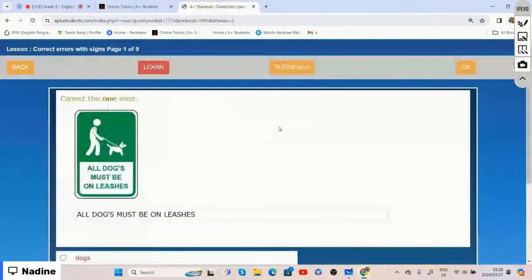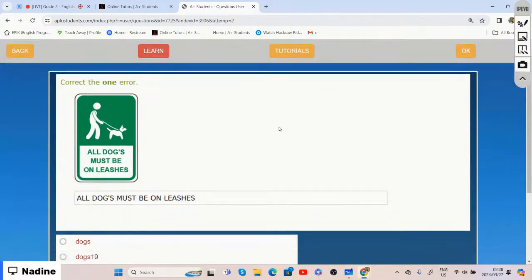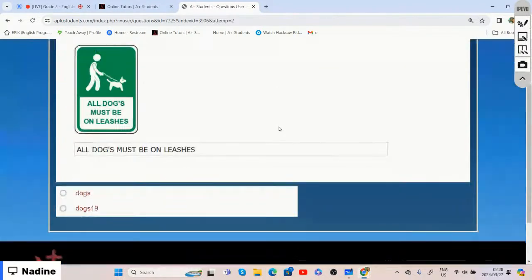So now we're going to our test, right? And we are now going to correct the one error in that poster. It says all dogs must be on leashes. So all dogs must be on leashes. We need to select or say what the error is within that poster.